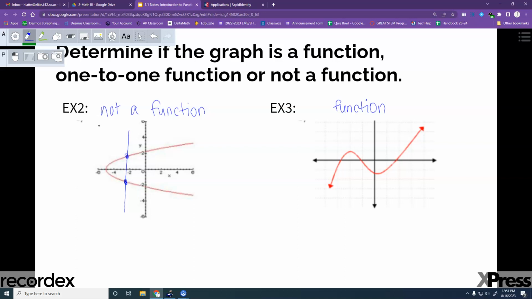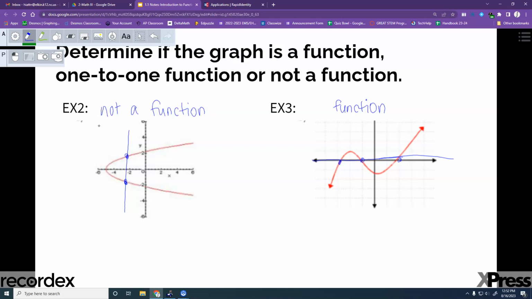So we're just going to take our vertical line and turn it horizontal. We're going to see if that horizontal line crosses more than once. For this it does. It's going to hit like 3 times in some places. Not everywhere, but it only matters just like one time, like right here. We're going to hit 3 separate places. So this is just a function. It's not a 1-to-1 function.